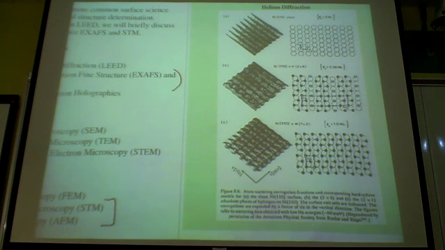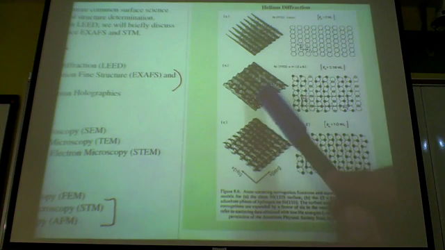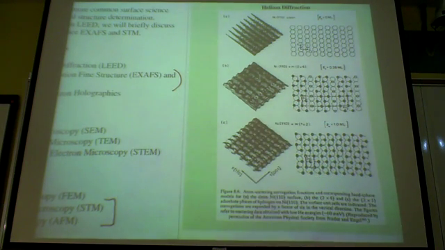Hydrogen is very difficult to find on your surface because it's too small, and electron diffraction cannot really see hydrogen directly. You can see the effect of hydrogen, but not directly the position of the hydrogen. But with helium diffraction, you can actually see the effect and the way the hydrogen atoms interact.